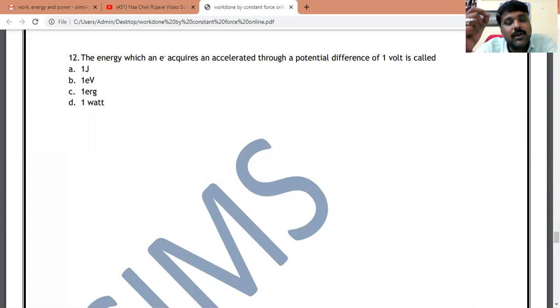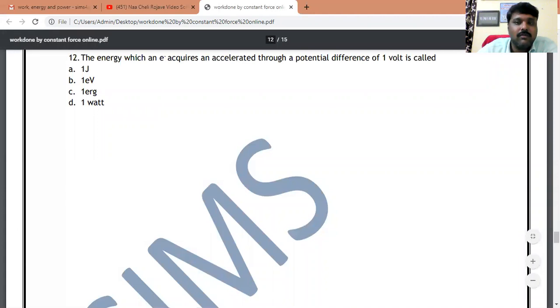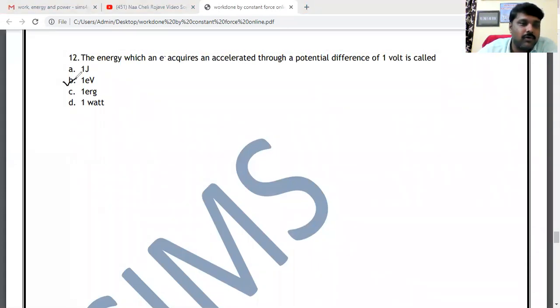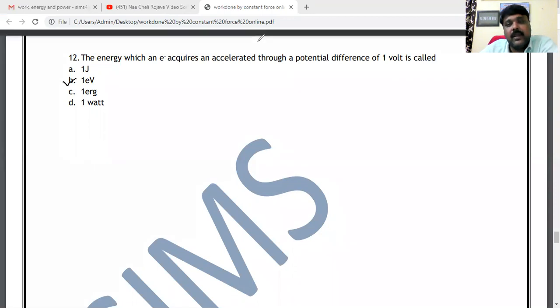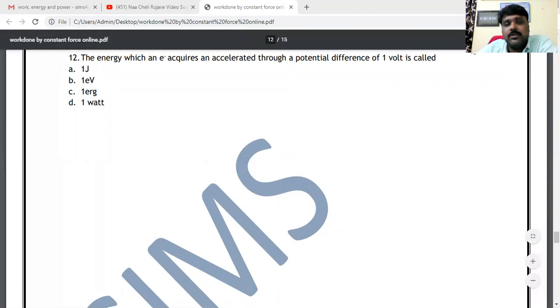Electron has got a potential difference. It has been accelerated with a potential difference of 1 volt. That is nothing but electron volt. Directly it is given. Electron volt. Very simple question. And let us move on to the next one.